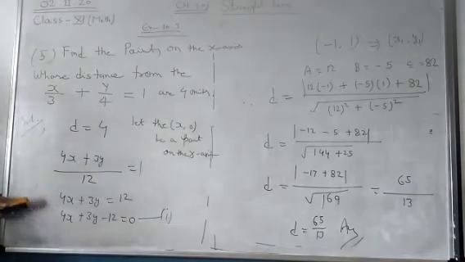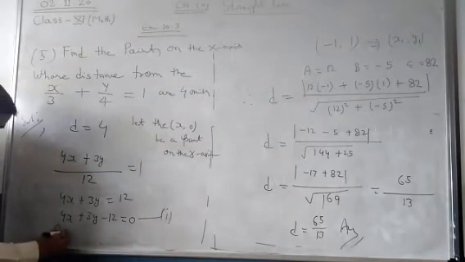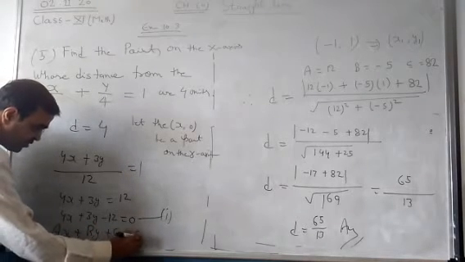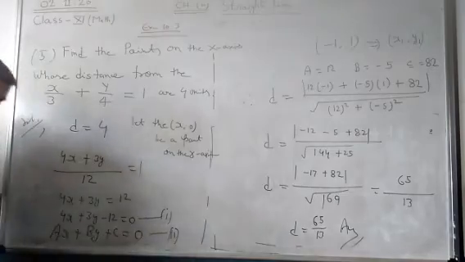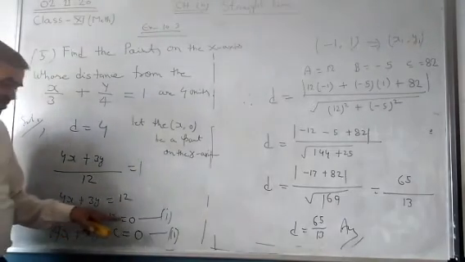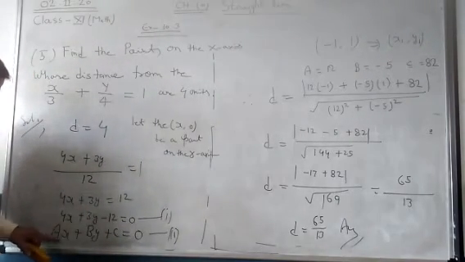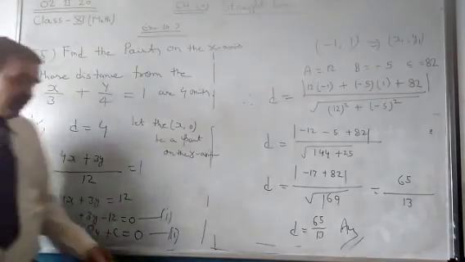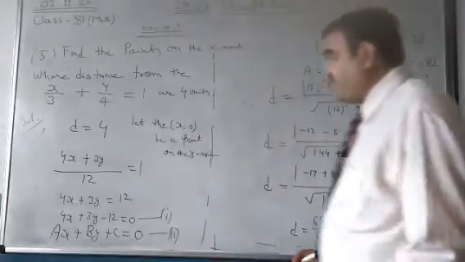Comparing 4x plus 3y minus 12 equals 0 with ax plus by plus c equals 0, we have a equals 4 and b equals 3.